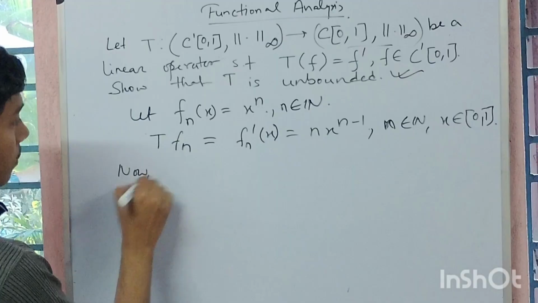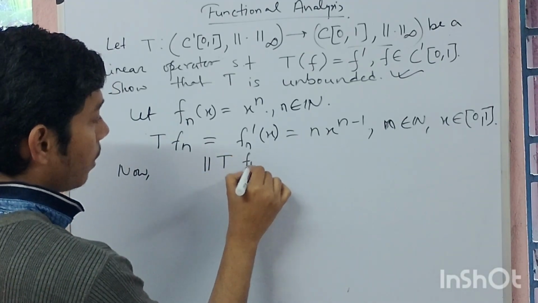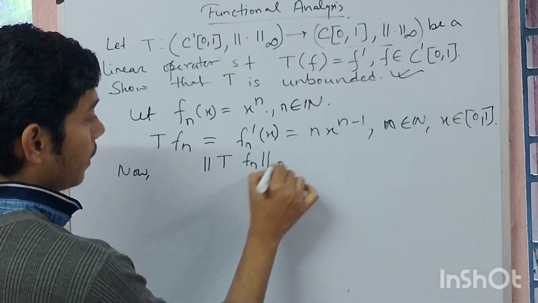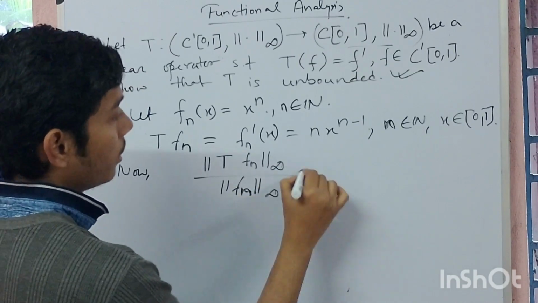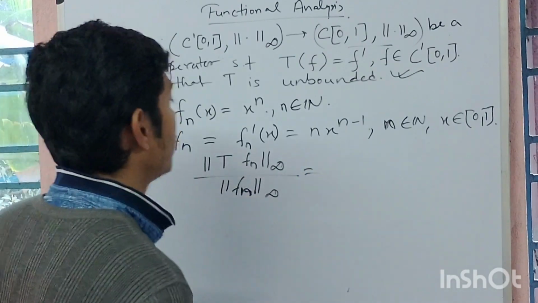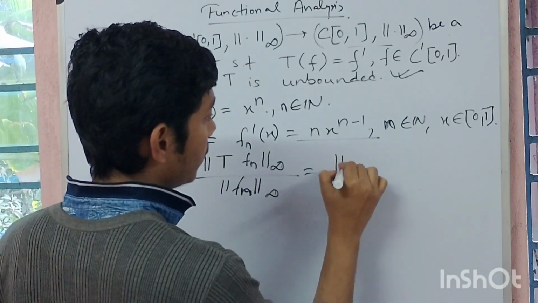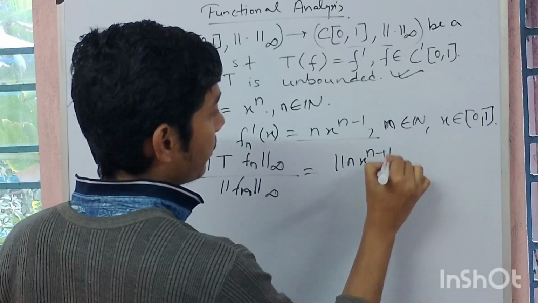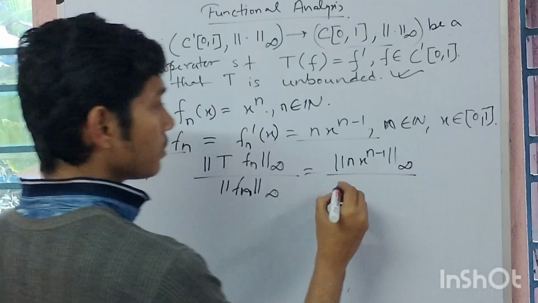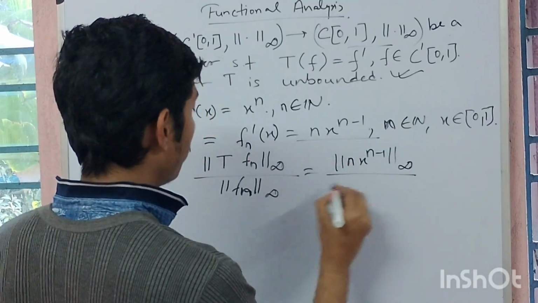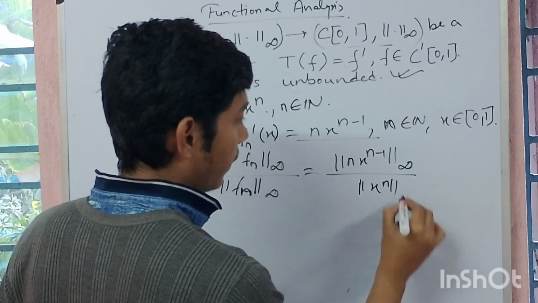Now, the norm of T of f_n by the norm of f_n, what will be its value? I am trying to find it out. The norm of T of f_n, it means this one, n x to the power n minus 1, its sup norm, divided by f_n, it means the sup norm of x to the power n.